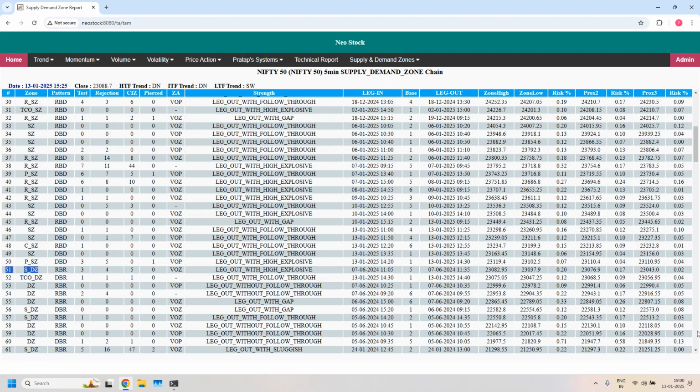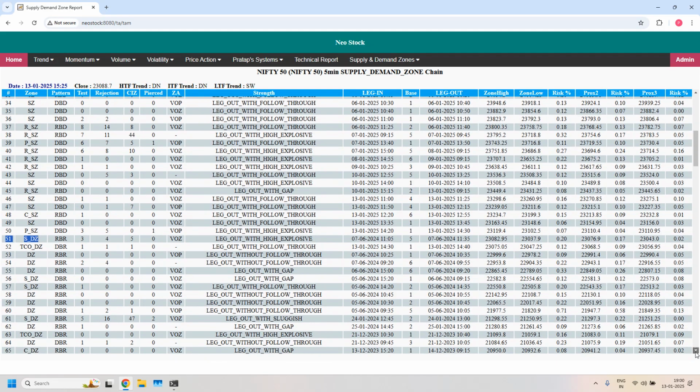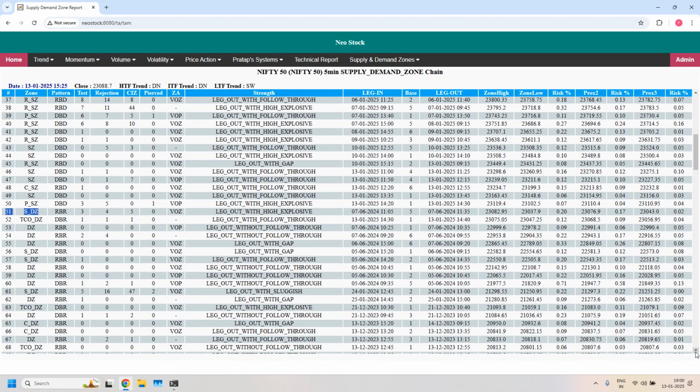Let me scroll the list down further to find more demand zones. Or I do one thing. Let me make it in the center, so that you can reference. Above are supply zones and below are demand zones. And the nearest to the current price is this demand zone and the above supply zone.